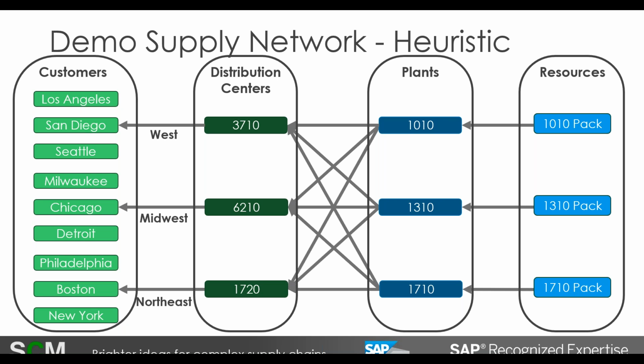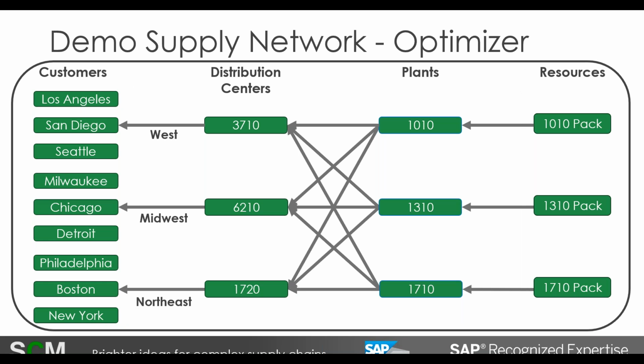But the optimizer takes all of your solutions for your entire network at once, and it uses linear programming to do so. It considers all of your planning problem-related factors at one time. That's one of the biggest benefits of the optimizer: it takes some of that manual leveling away from the user and produces an already feasible plan that you can adjust as you go on.